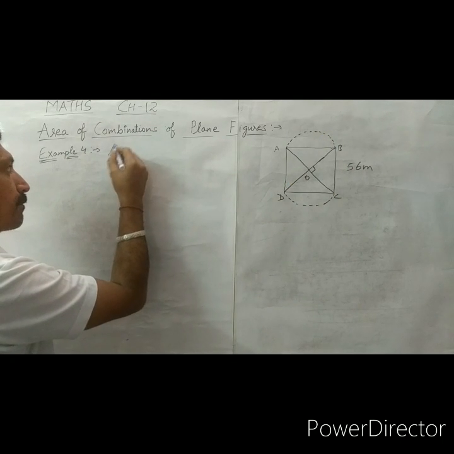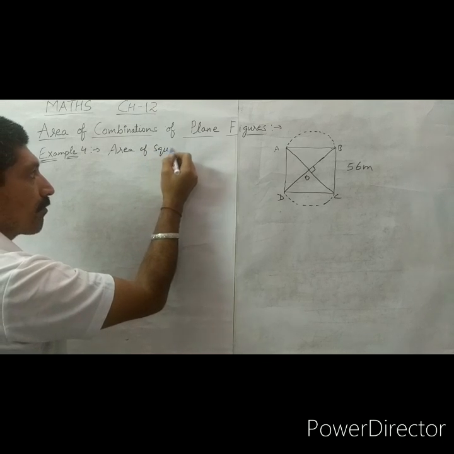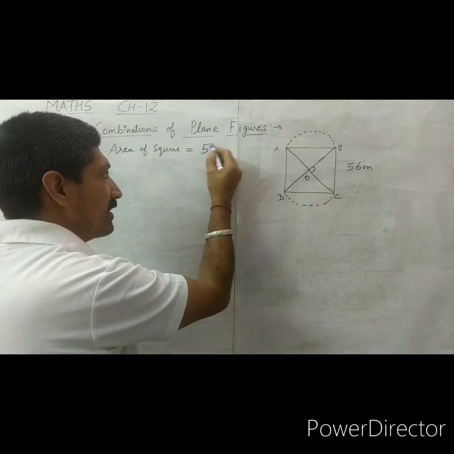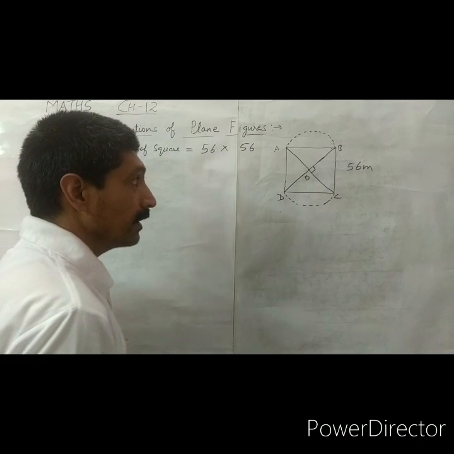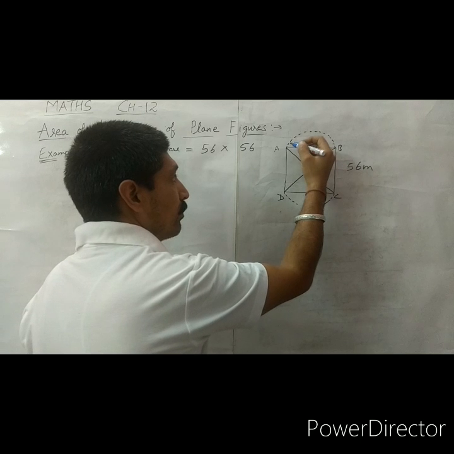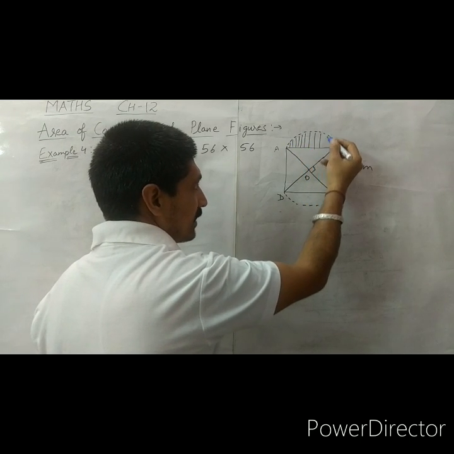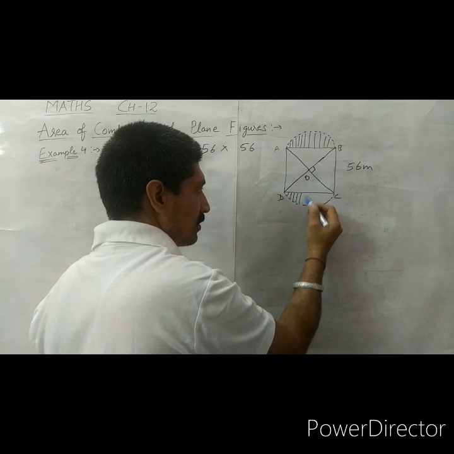Area of a square is equal to side into side, that is 56 into 56 meter, and here we want to find this area of the shaded portion, that is the flower bed, one here, and both are of the same dimension.